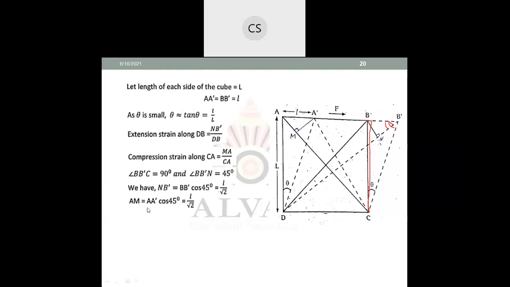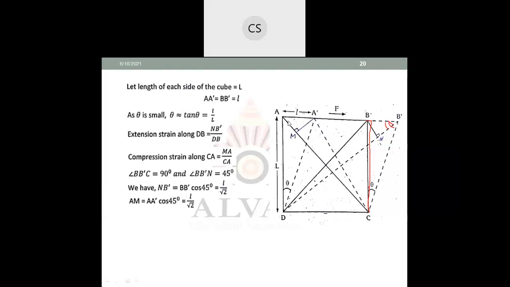Coming back, AM is equal to AA dash, using the same argument. Here is the right angle, A dash C. You can use this argument, or you can use B A D. What is the angle? The angle is 90 degrees.